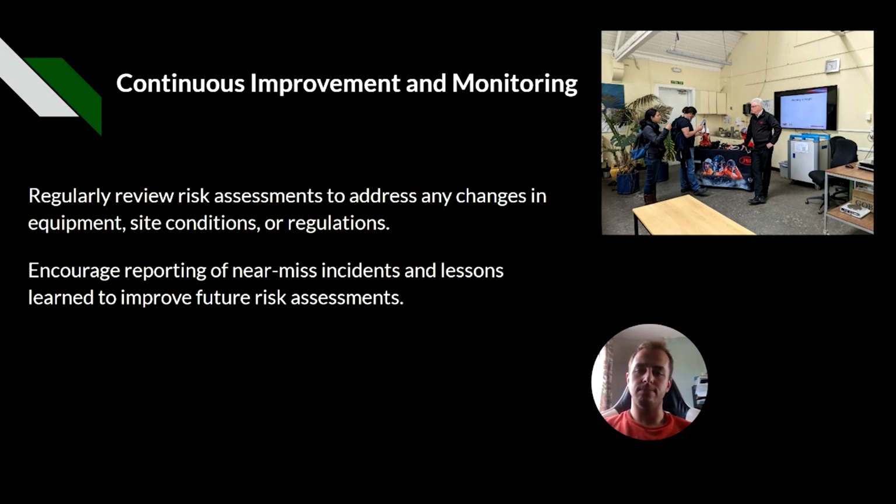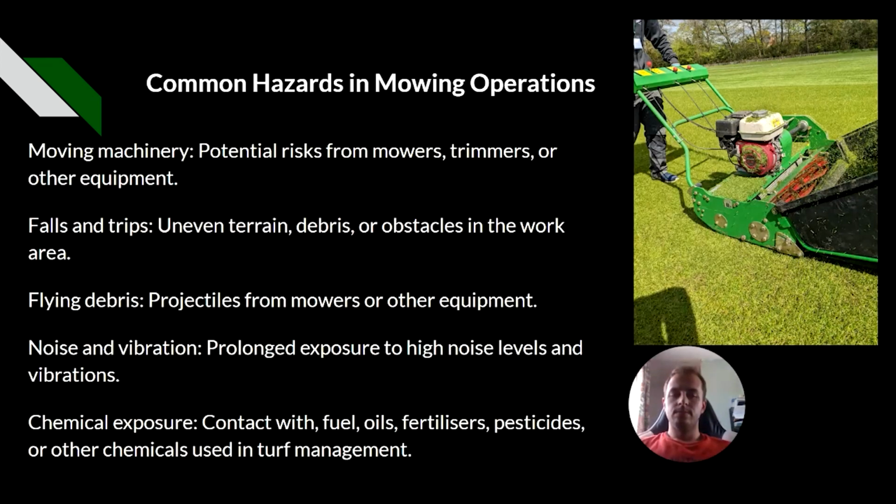Continuous improvement and monitoring. Regularly review the risk assessments and address any changes in equipment, site changes, or regulations. We should encourage reporting of near miss incidents and lessons learned to improve on future risk assessments. So the common hazards when we are performing mowing operations. Moving the machinery is obviously a big one.